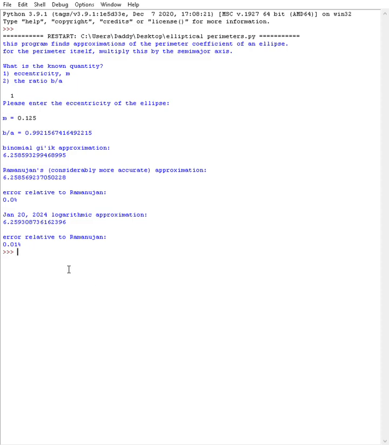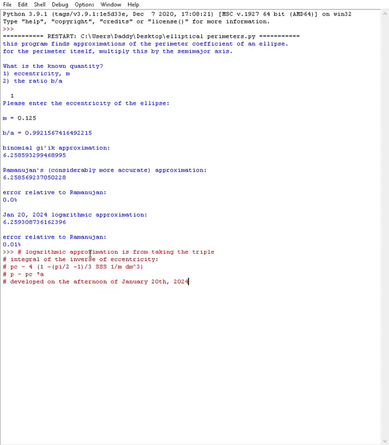So this is what this equation looks like. I'll copy this in here. This is the commented part, right? The logarithmic approximation is from taking the triple integral of the inverse of eccentricity, and that's specifically reduced eccentricity, m.